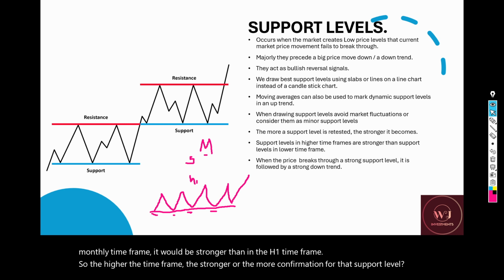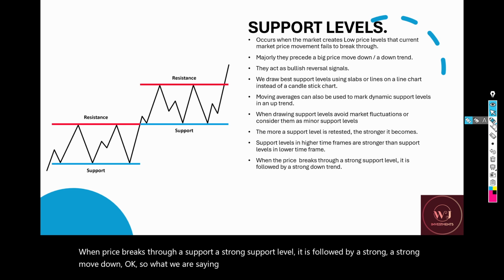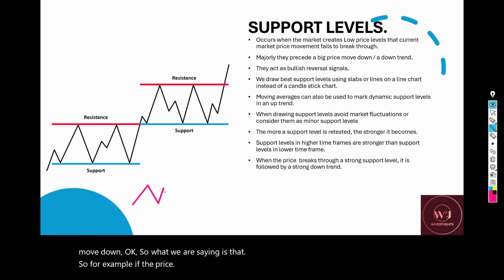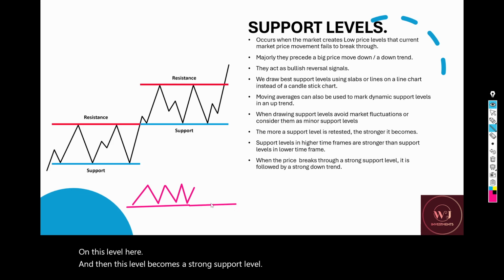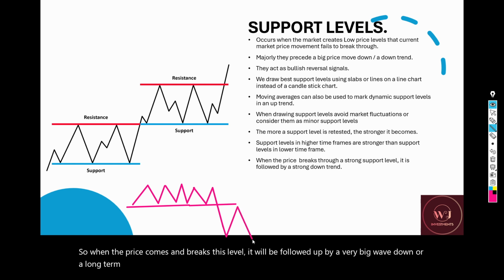When price breaks through a strong support level, it is followed by a strong move down. So for example, if the price has been finding support on this level here, and then this level becomes a strong support level, when the price comes and breaks this level, it will be followed by a very big wave down or a long-term downtrend, and then it could come and retest it and then continue its downtrend.